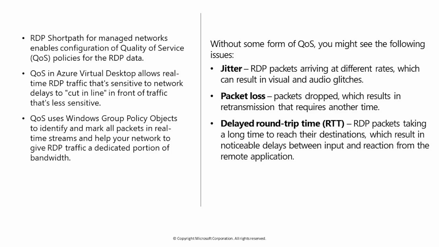So this is the QoS implementation, which allows real-time RDP traffic that is very sensitive to network delays. It can cut in line. So the configuration is to be enabled from the policies, the GPO, and the firewall port has to be allowed.